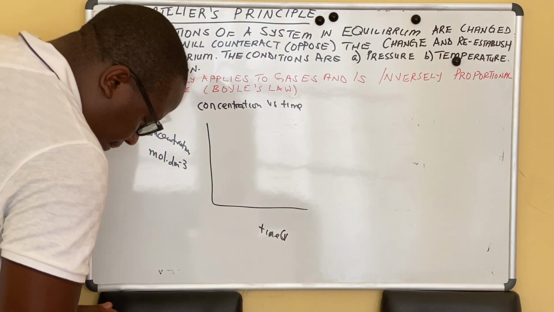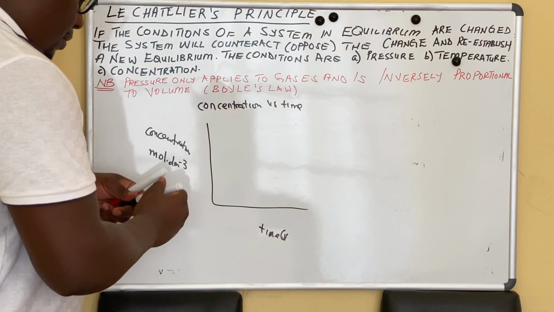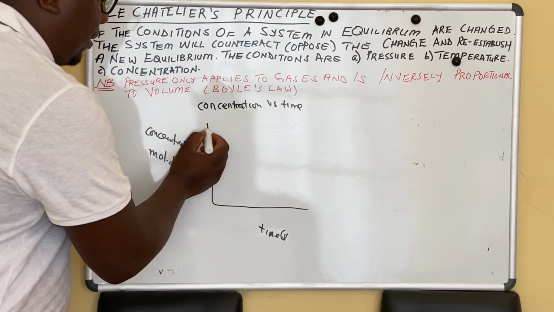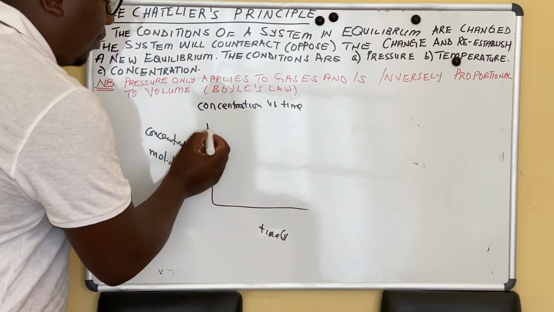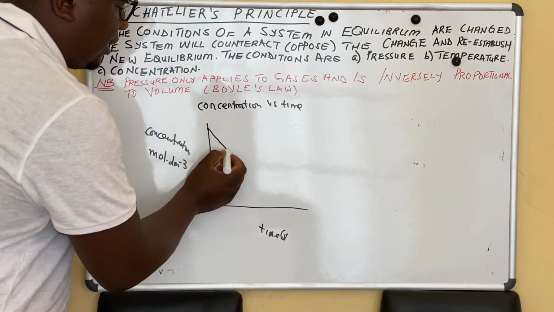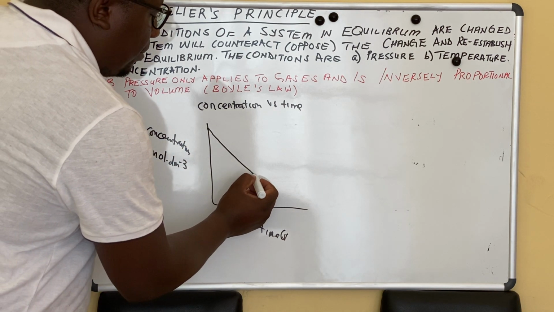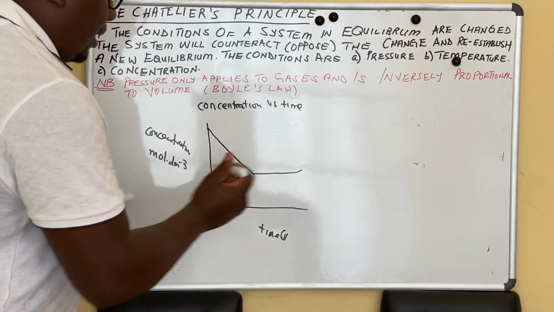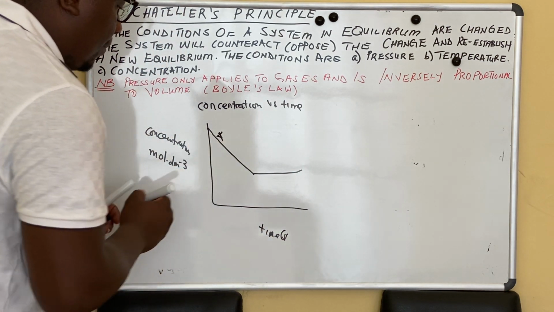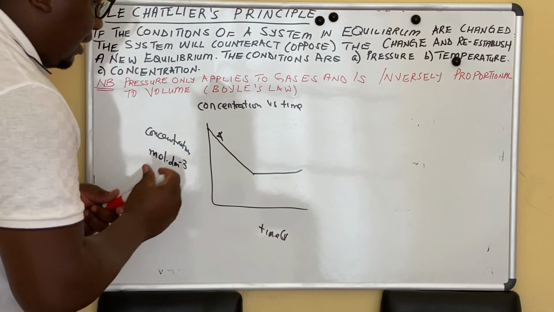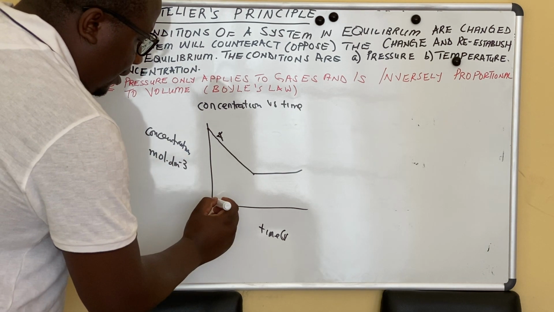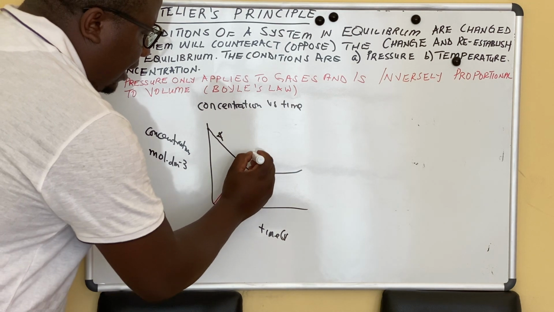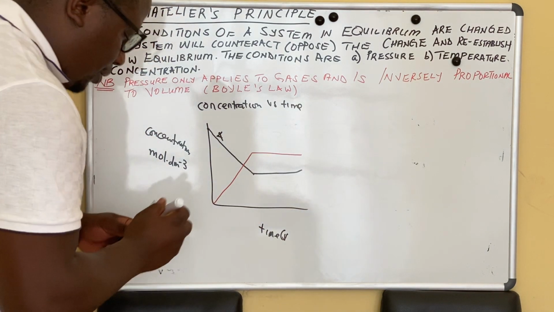Then we were saying we can have a reaction whereby one of the reactants, the concentration decreases with time until a point where the graph becomes flat. So let us say this is A, and then we can have another one which starts from here and also reaches a point where it's flat.